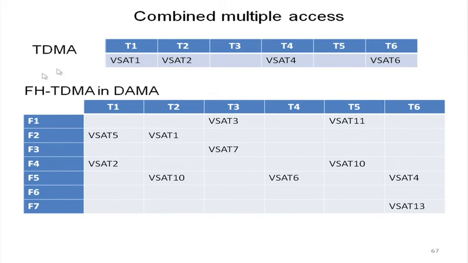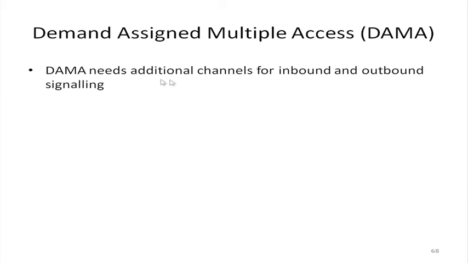So this is very widely used in DVB-RCS. This DAMA needs an additional channel, that is very important. You have to give a request and get an allotment, which is called inbound to the hub. The remote station or VSAT going to the hub is called inbound, looked at from the hub point of view, and the hub giving the allotment goes outbound.